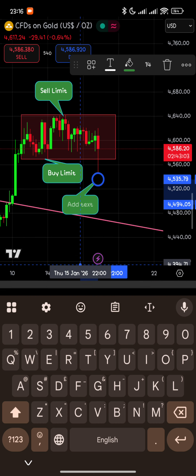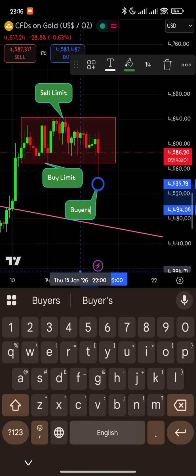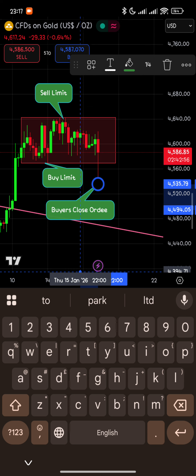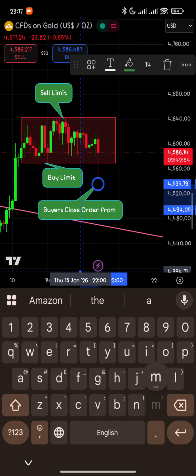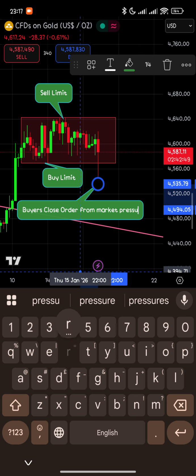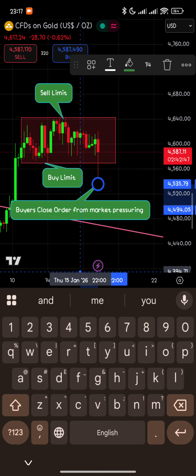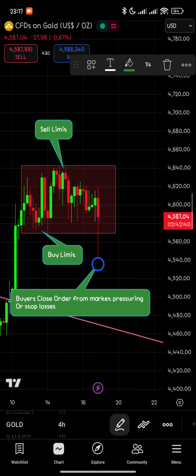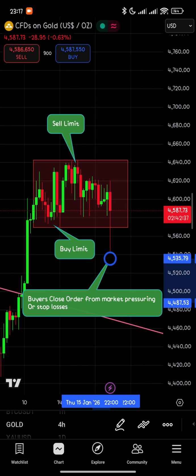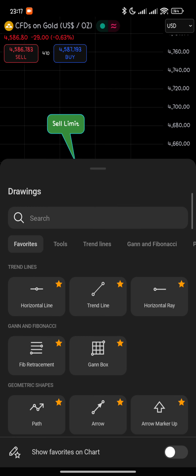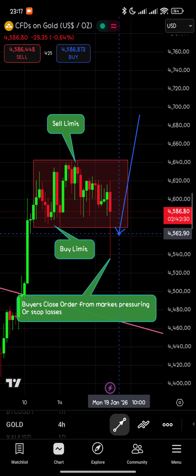So buyers close orders from market pressuring or stop losses, which means this is a spot where the market has cleared buyers out of the market, as you can see. So when buyers are off from the market, that is when the price is going to reverse, right?